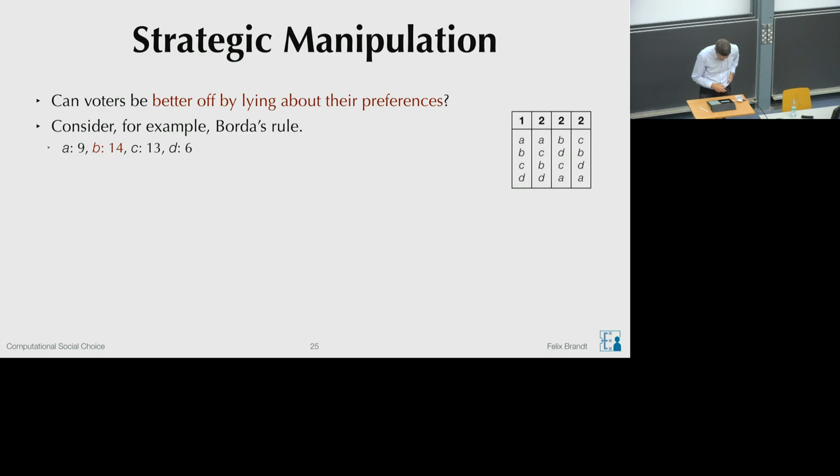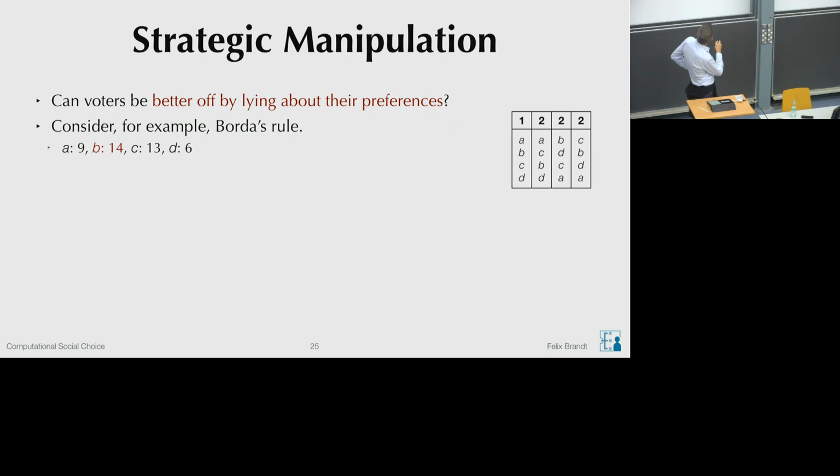Now there are several possibilities of how voters can manipulate here. The one that I'm going to show you is, for instance, take the voters in the second column. They are not particularly happy with the outcome, since B is their third ranked alternative. Here you can see that alternative C has already a pretty high Borda score.